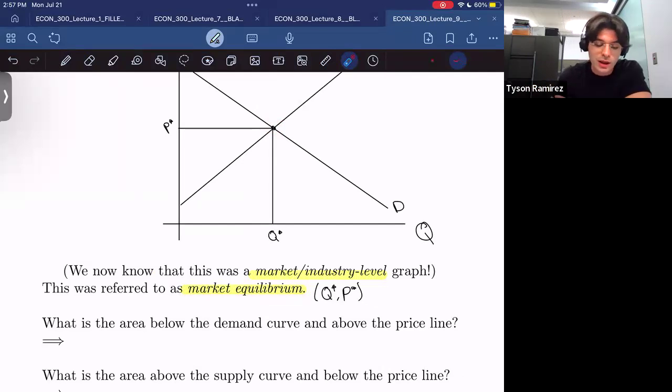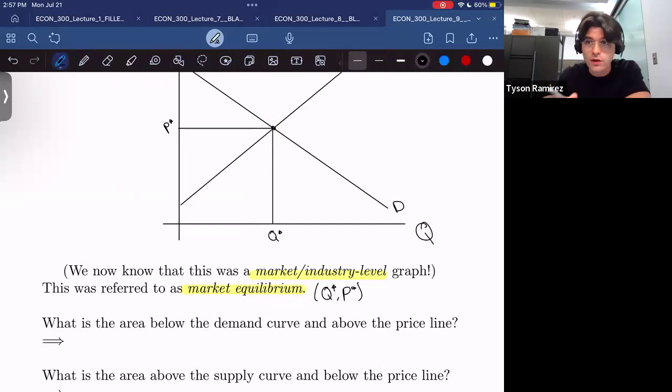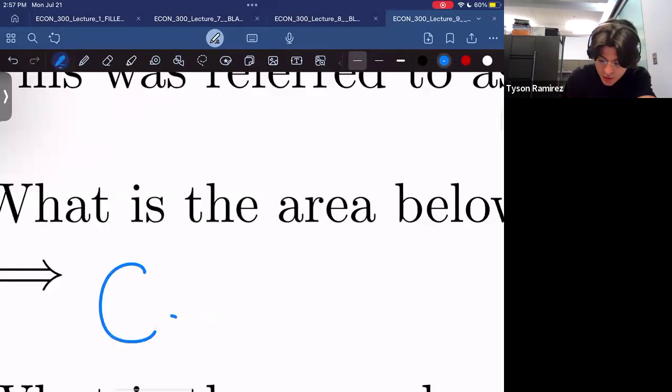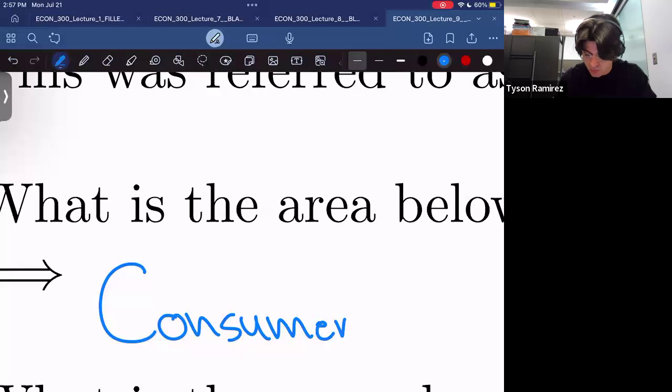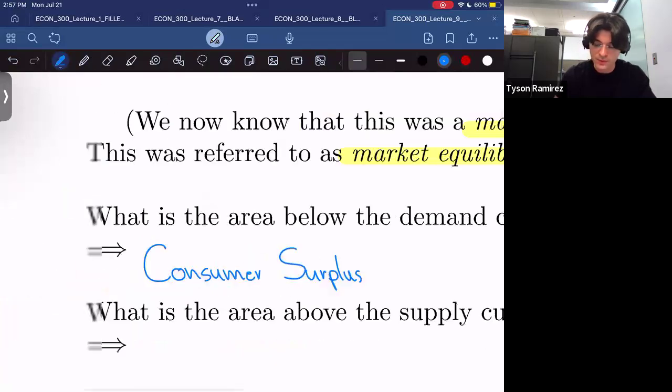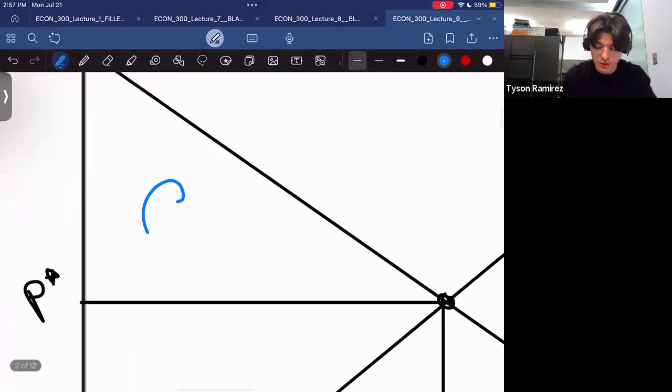Now let's remember another topic from our principles of micro class. What is the area below the demand curve and above the price line? So what is this area right here? Well, we recall that that area is the consumer surplus. That's the name we gave to that area. So the consumer surplus was all of this right here.